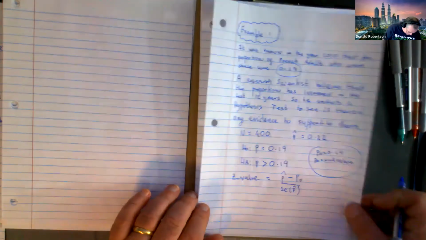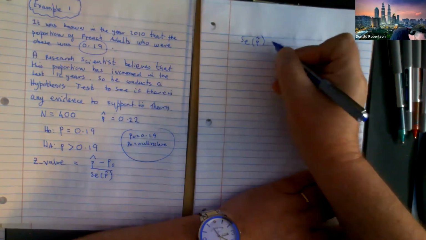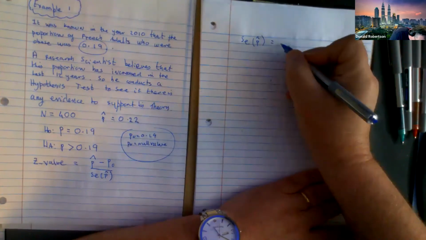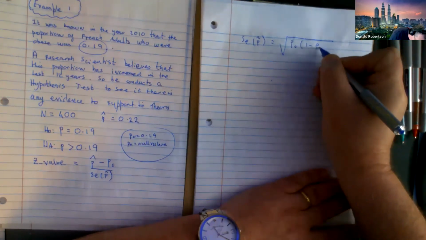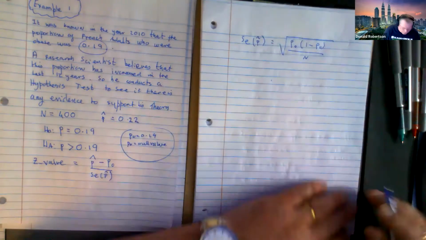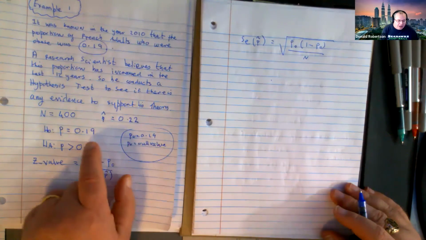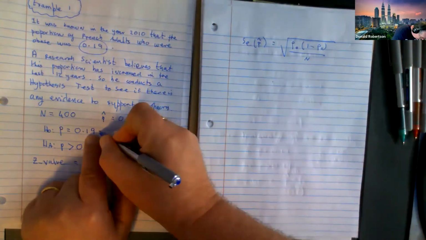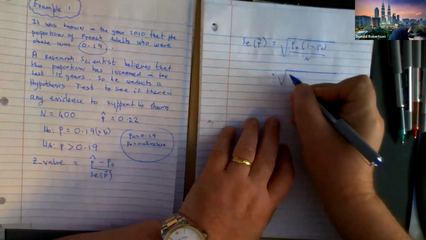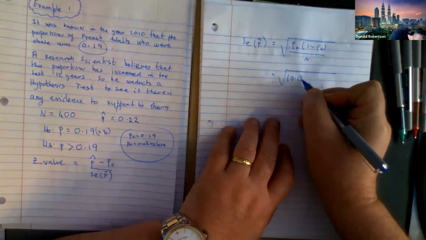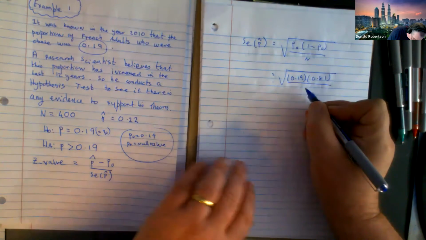Now, at the side, we're going to calculate the standard error of the sample. It's the square root of P naught times 1 take away P naught, over N. A lot of people make the mistake of using that number and not this number. Remember, this guy here, that's the P naught. So it's going to be the square root of 0.19 times 0.81 divided by 400.